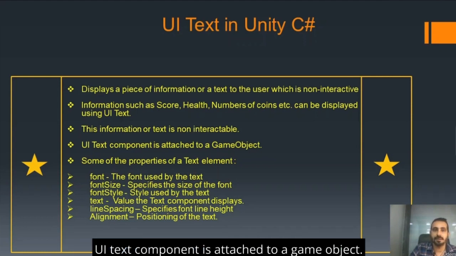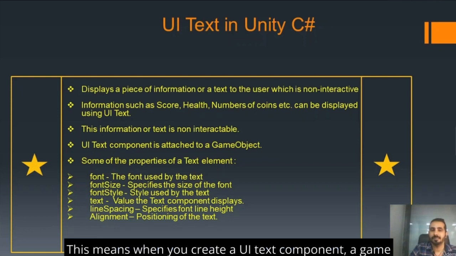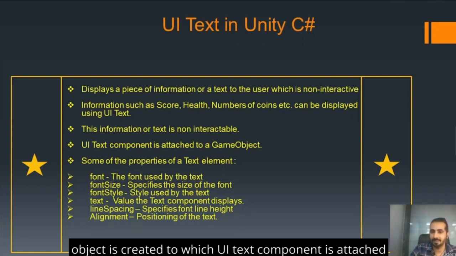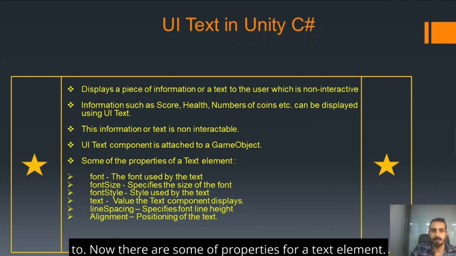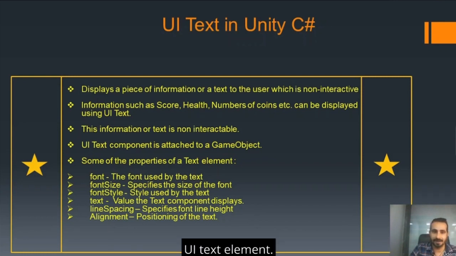UI text component is attached to a game object. This means when you create a UI text component, a game object is created to which the UI text component is attached. Now there are some properties for a UI text element.